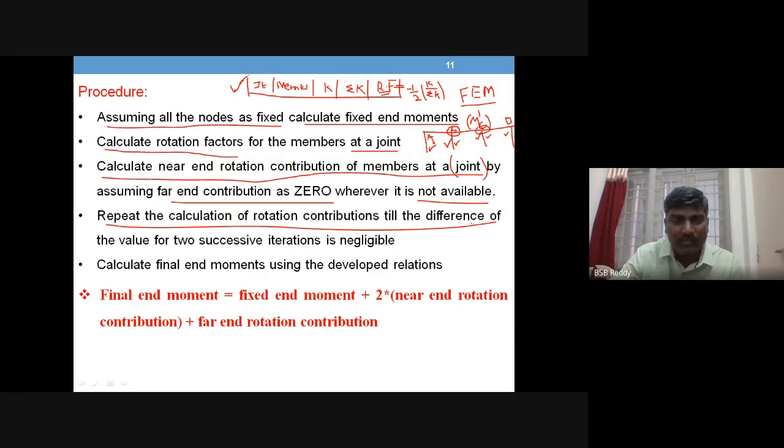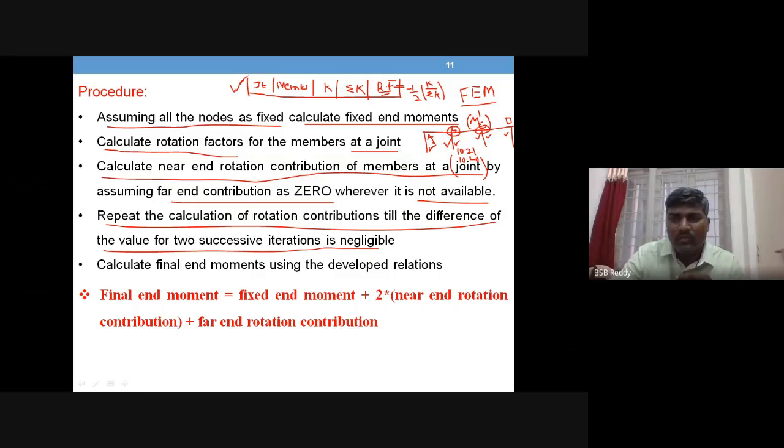So if a contribution value is say 10.21, and in the very next cycle you get 10.20, the difference is 0.01, so you can stop the cycling process. Those are the final rotation contributions.